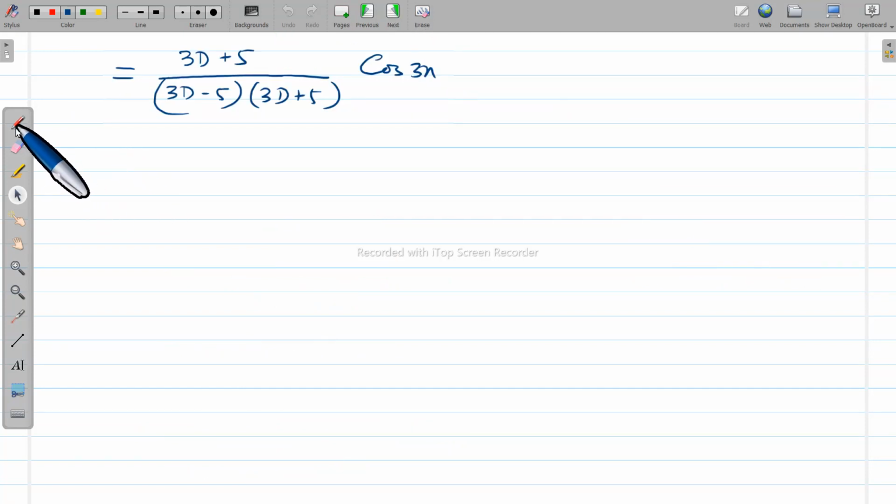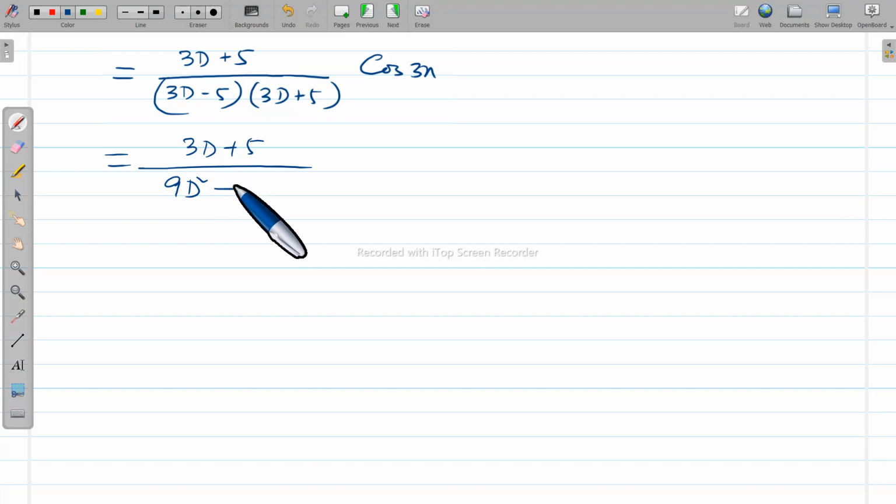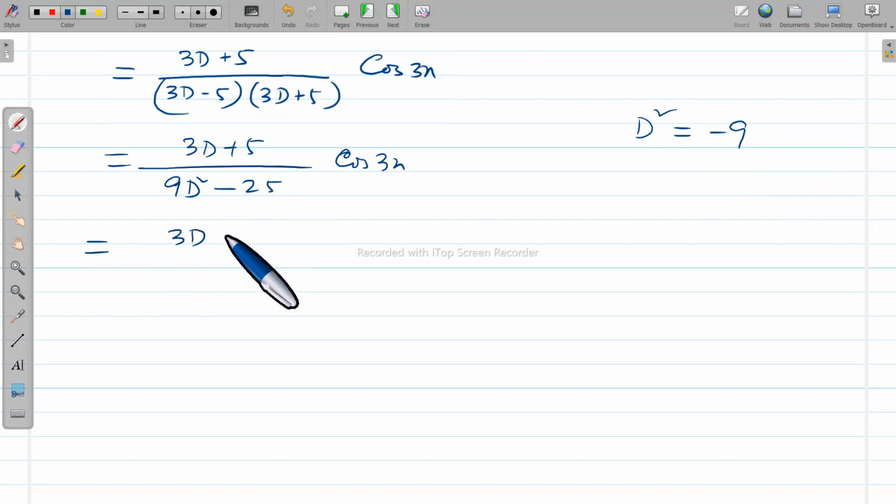Now you write down 3d plus 5. Here it is coming 9d square minus 25 cos of 3x. Now your d square is available already. What is d square? D square equals minus 9. Substitute here. It is coming 3d plus 5 by 9 into minus 9 minus 25 cos of 3x.